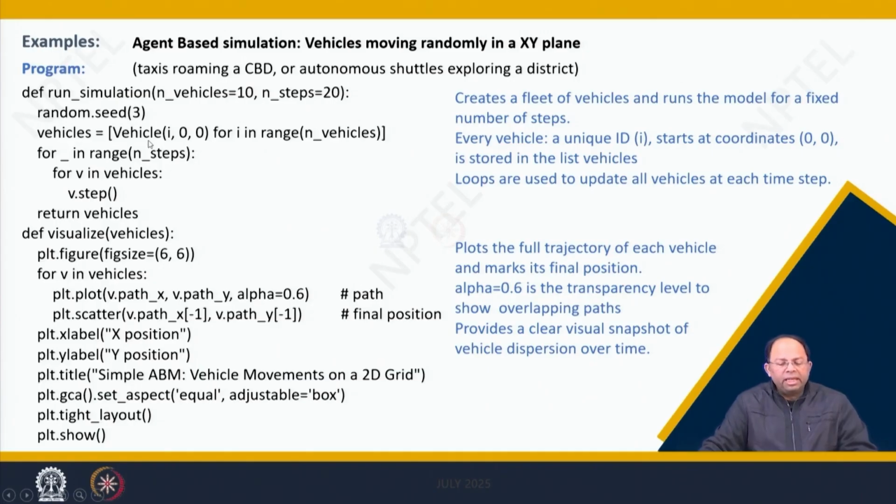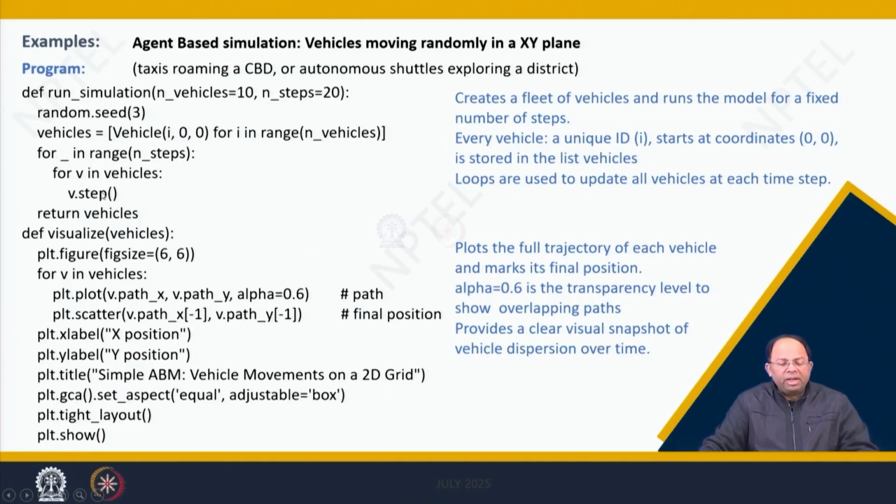And what we are doing is, in this range of vehicles, two loops are run. One is for the vehicle and the other is for the steps. So for each vehicle, it will run for 20 steps, right? So we are updating the steps part.